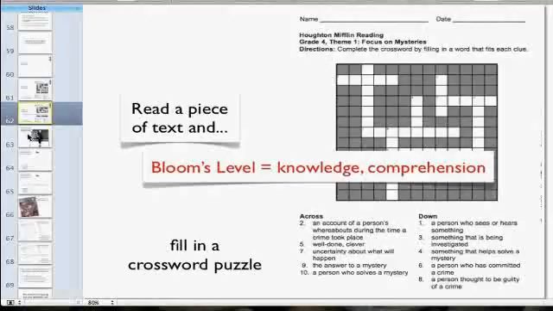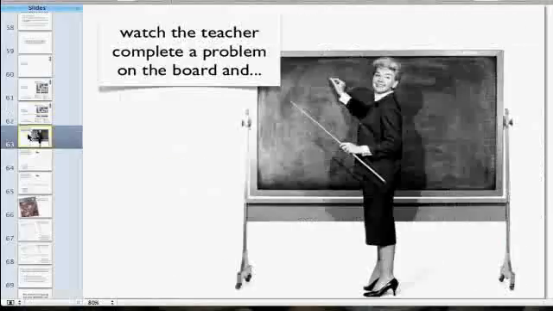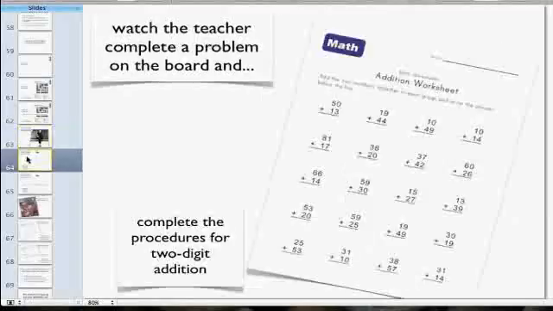Now, if we look at math, some common practices still seen on occasion are students watching the teacher complete a problem on the board, or nowadays sometimes on a smart board or a document camera, and then being asked to complete the procedures for whatever the math is that they are learning.